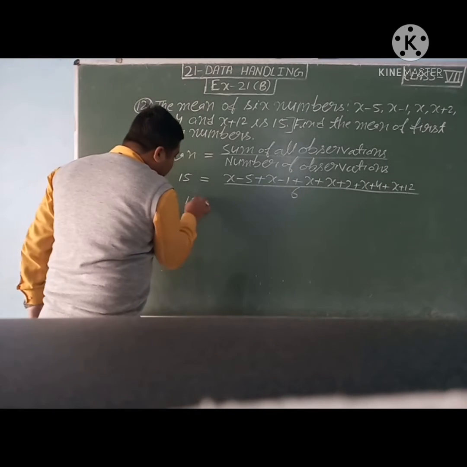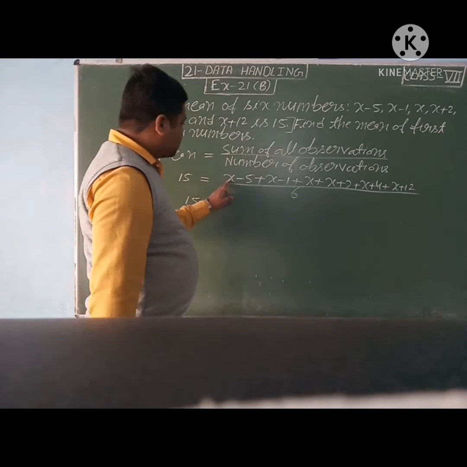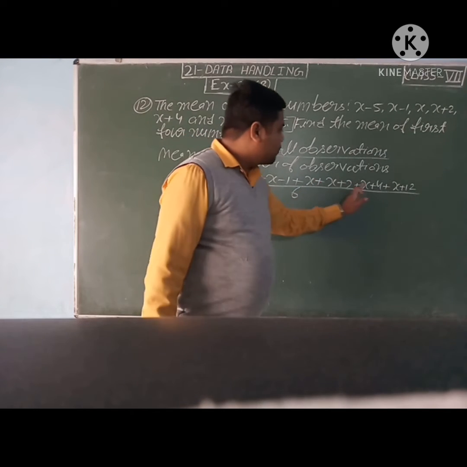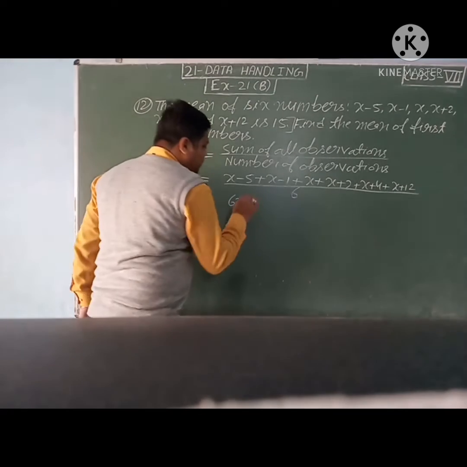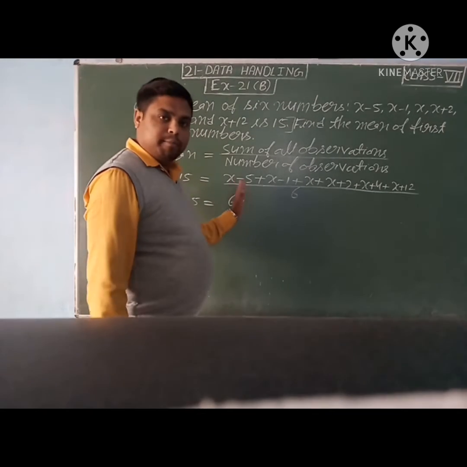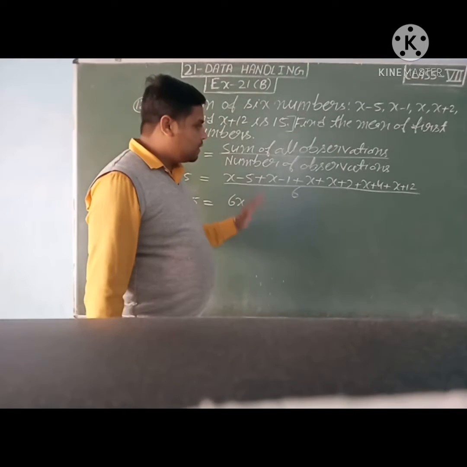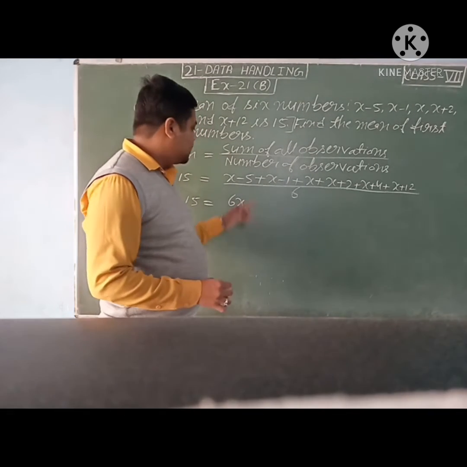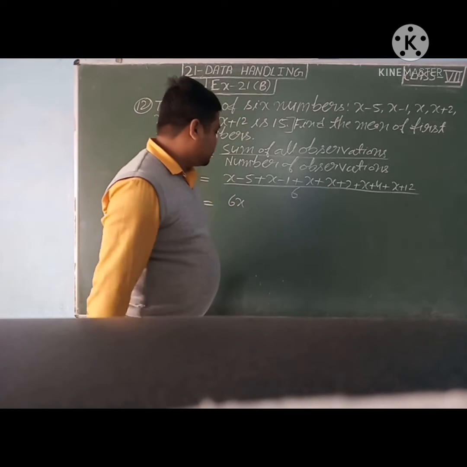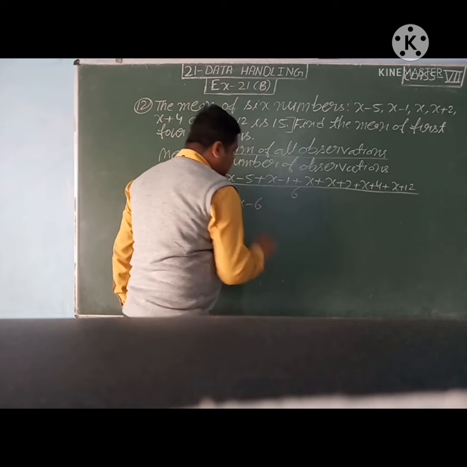So equal to 1, 2, 3, 4, 5, 6, 6x, and they all are positive. Now about the numbers, some are negative and some are positive. So we will add the negative numbers separately. So minus 5 and minus 1, what we will get? Minus 6.